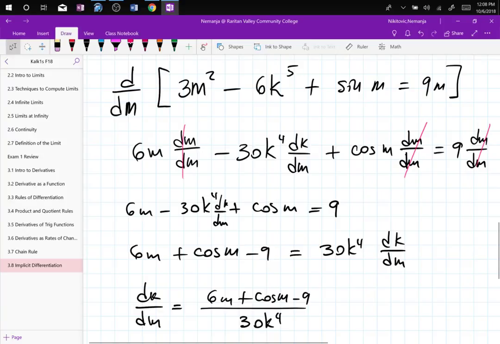I took the derivative of m with respect to m. And every dm, dm cancels. Every dy, dy cancels. Every dr, dr cancels. But anytime you have different variables, they stay. And when they stay, solve for them in the end.